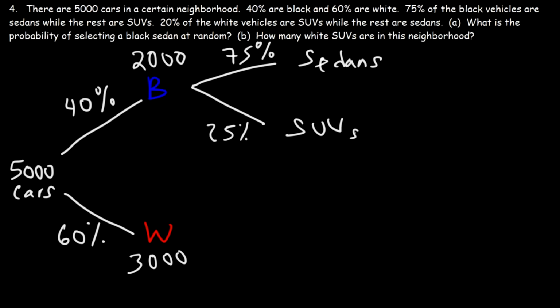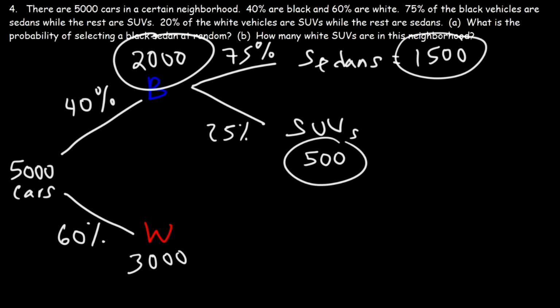So 25% of 2,000 is 500, and 75% of 2,000 has to be 1,500, because these two numbers have to add up to 2,000.